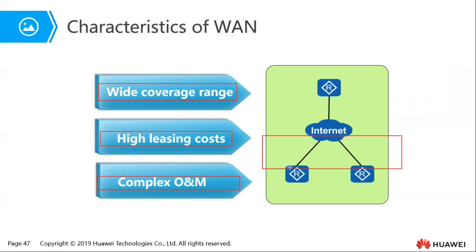And you have to pay monthly rental fees for those leased links. So that's why we're saying they're high costs. And complex operation and maintenance, because you don't own it, so you have to involve them in case you want anything done for you.